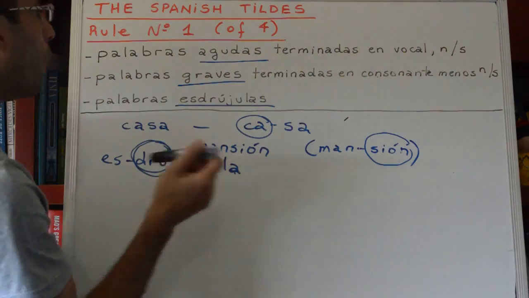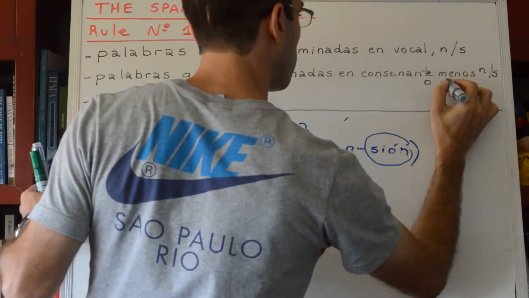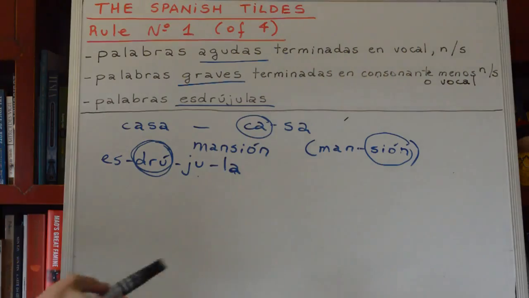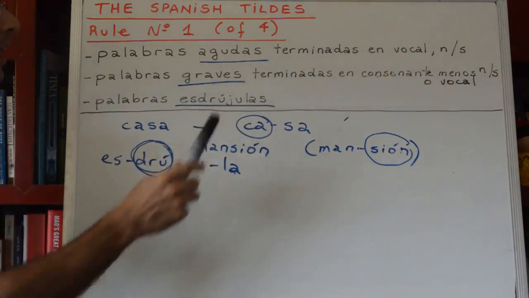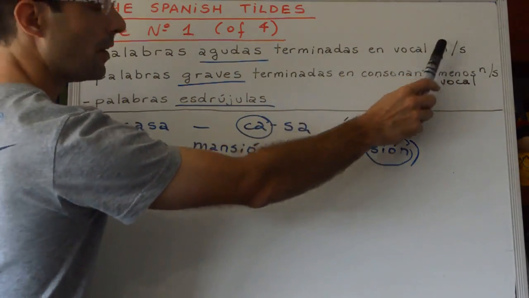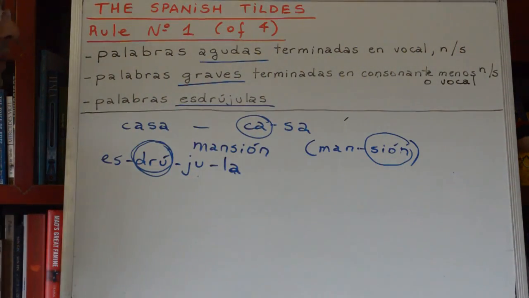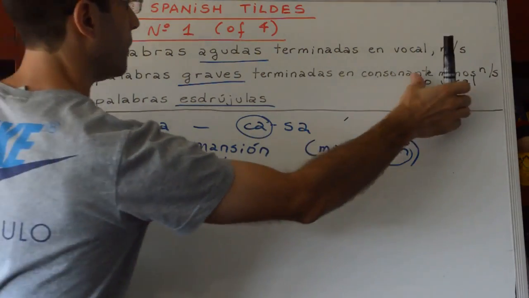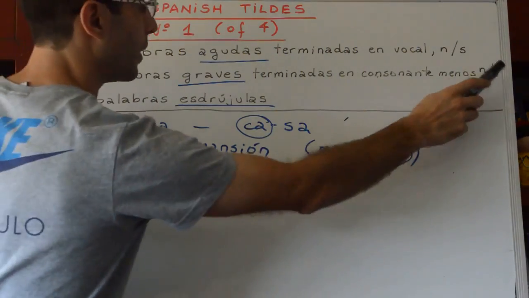Or a vowel, sorry, o vocal. So, it's the right opposite to this rule for the agudas, right? Agudas carry a tilde when they end in a vowel or an N or an S. The graves carry a tilde when they end in a consonant that is not an N or an S.